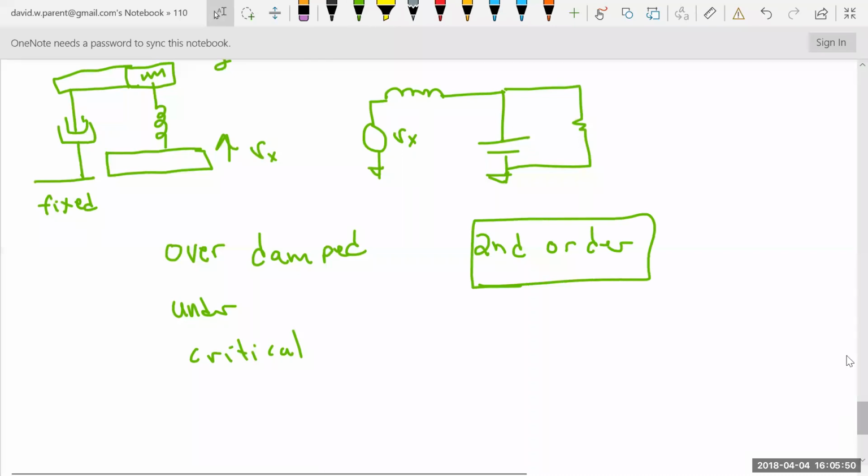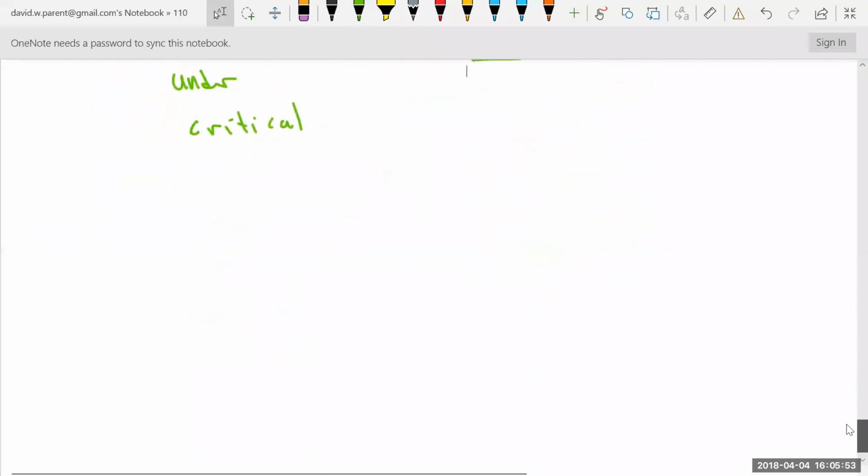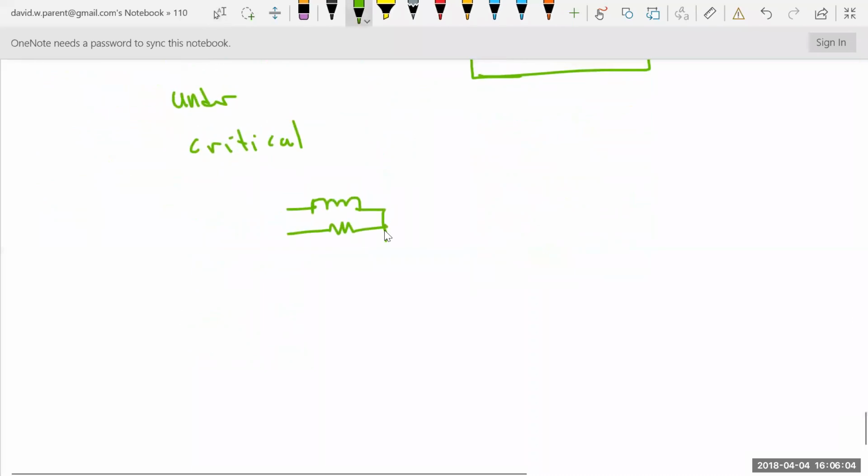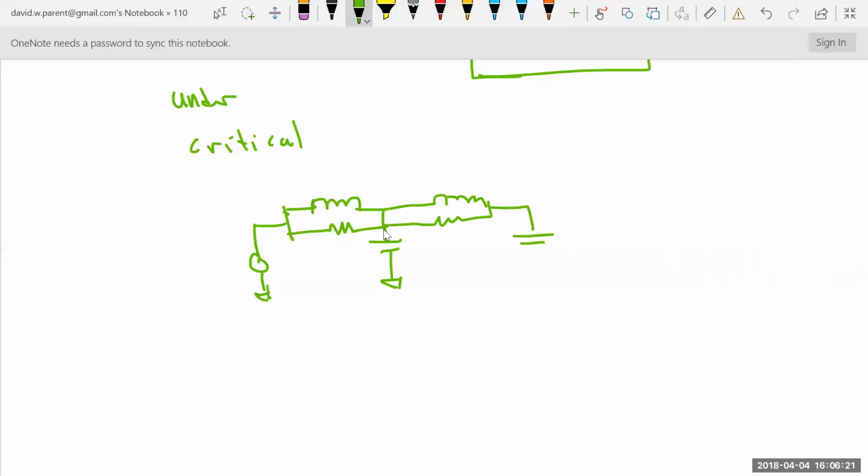Now, on the cover of the book, they had 4 of these, right?